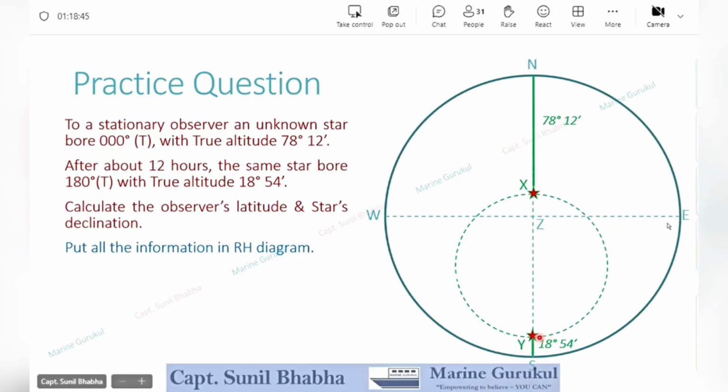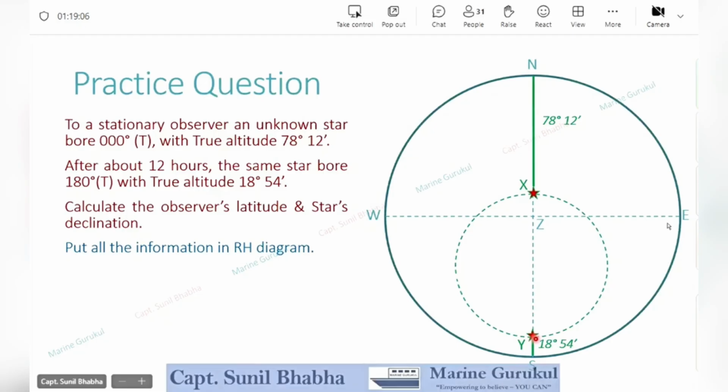So this is the only possibility of the declination circle of the star. So you see, once we have positions X and Y known to us, we can easily make the declination circle of the star. So this is the approach.